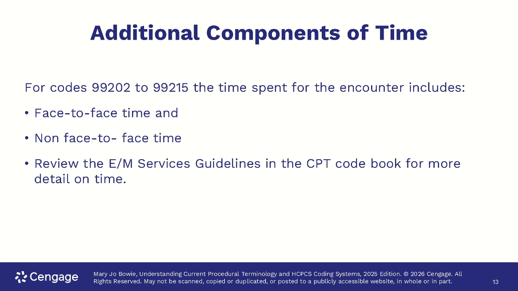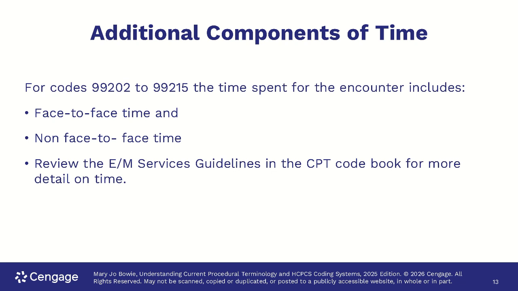All right. So, for 99202 to 99215, the time spent for the encounter actually includes a list. Right before the office visit codes, there is this bulleted list of what's included in time when performed on the date of the encounter.